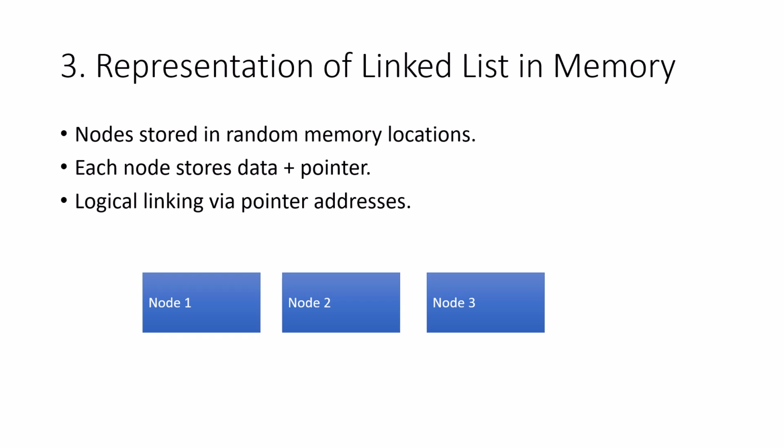The data field stores the actual value and the pointer stores the address of the next node. Even though the nodes are scattered in different places in memory, they are connected logically through these pointer addresses.